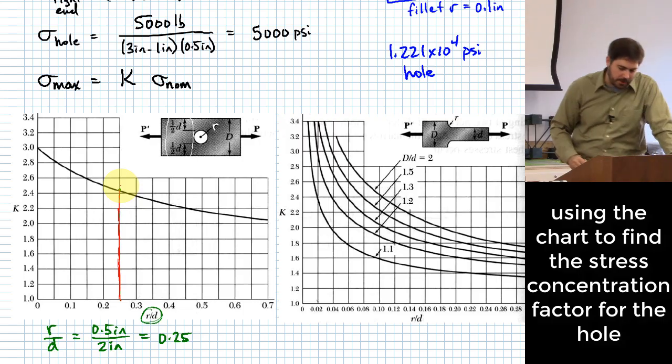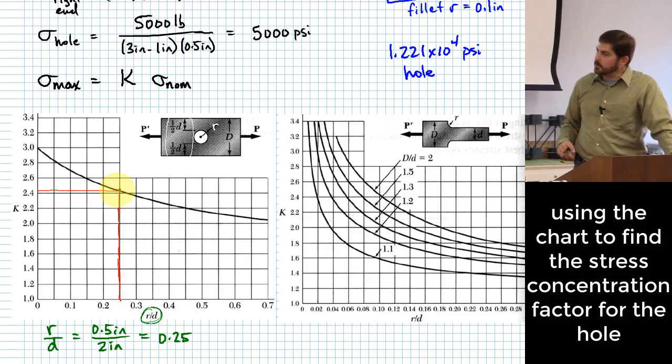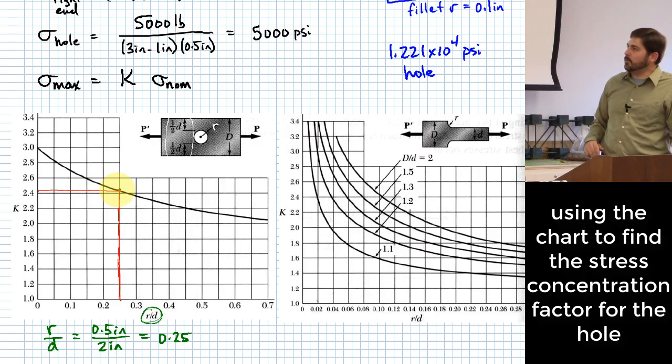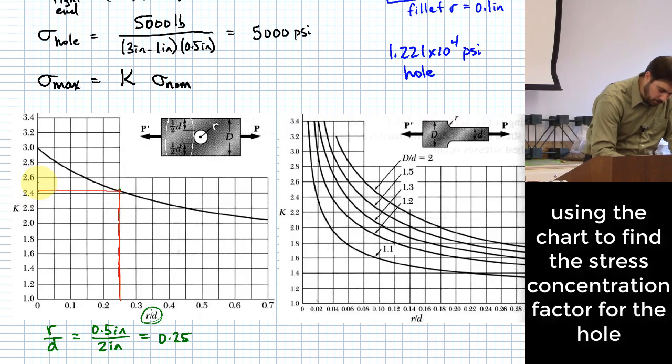Find this point on the curve and read across to here. Do your best shot at reading what that value actually is. Keep in mind this is like 2.4, 2.6, so in the middle would be 2.5.